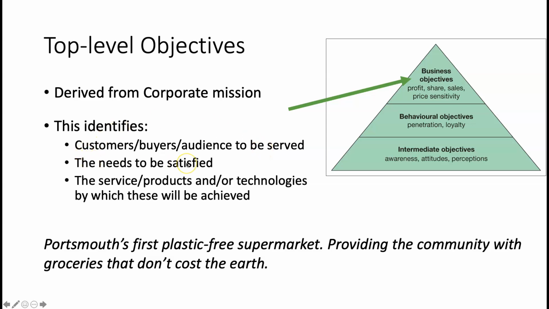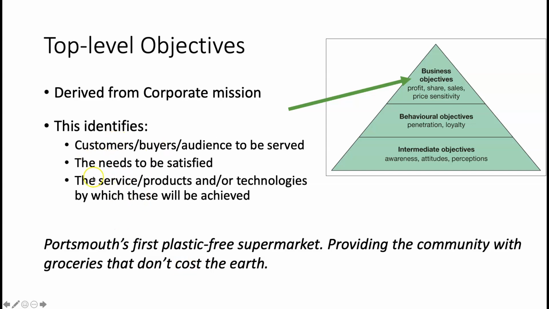The needs to be satisfied: we are providing the community with groceries that don't cost the earth. So there's two meanings there. Groceries, which is food and household cleaning products or toiletries, and don't cost the earth is a translation into being eco-friendly, but also inexpensive.